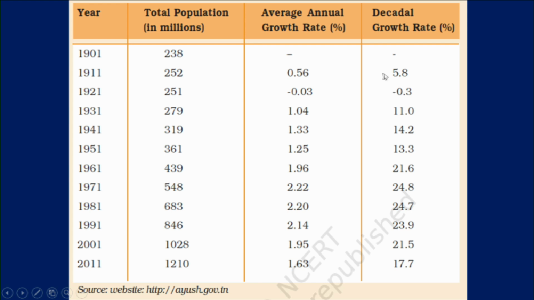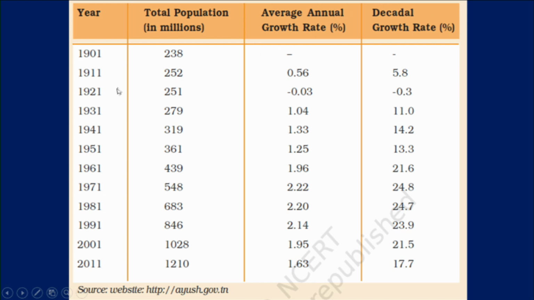So here we have two percentages. The first one is the average annual growth rate, which is taken for every year. We divide the decadal growth rate, which is the growth rate for every 10 years, to get it.